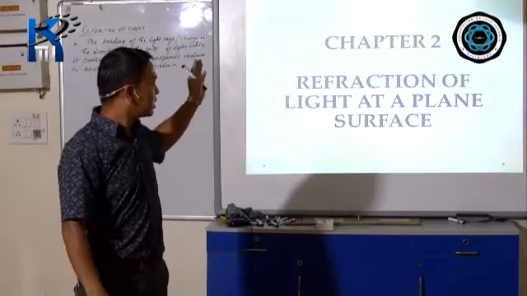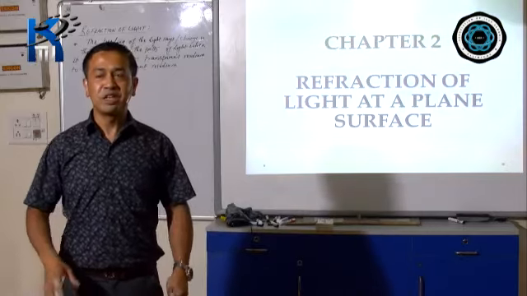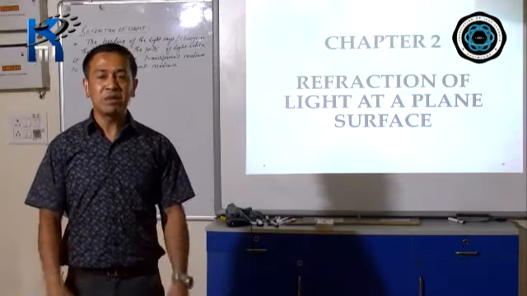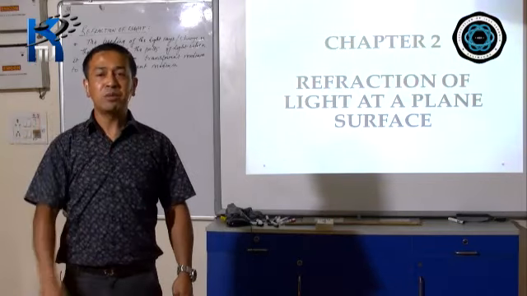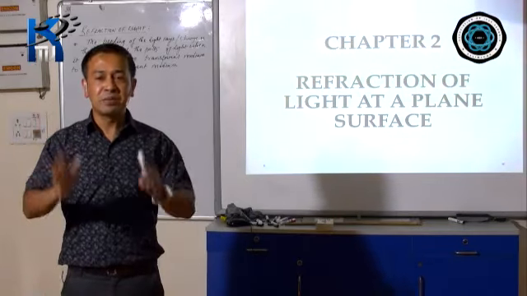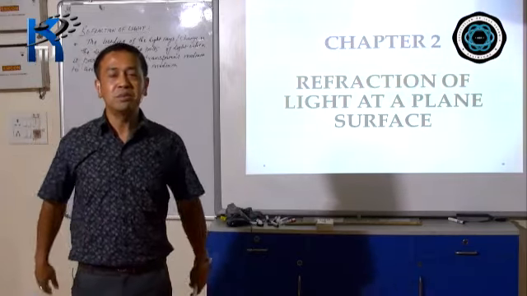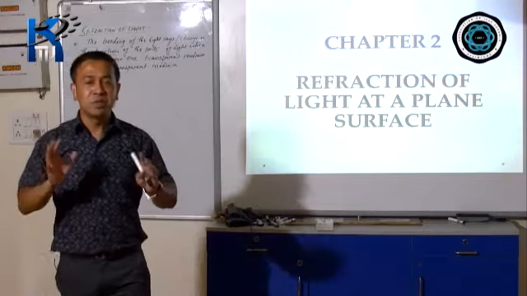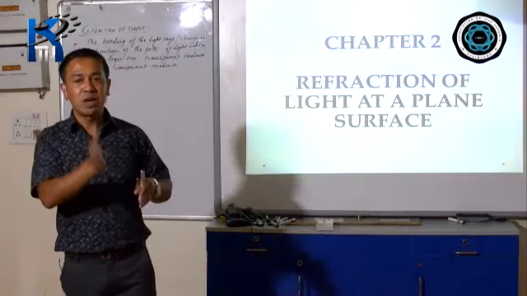Now, taking into consideration ray optics, you know that when light travels in a medium, it travels in a straight line. When we talk about the traveling of light rays, light travels with a certain speed, and in a particular medium the speed of light remains constant. But what happens when light passes from one medium to another?